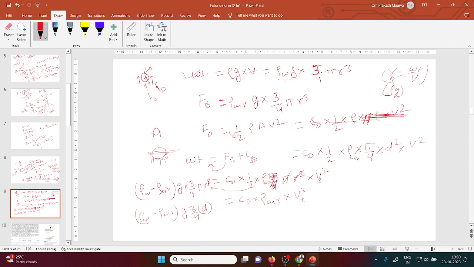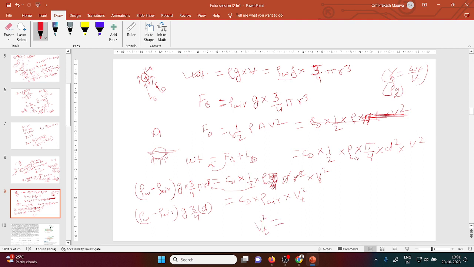Similarly, the buoyant force. In case of buoyant force, we use the density of air. And the drag force formula is CD half rho a v square. The A formula is pi r square, you know already. So only I have equated these things. Now you will get this formula, I think.